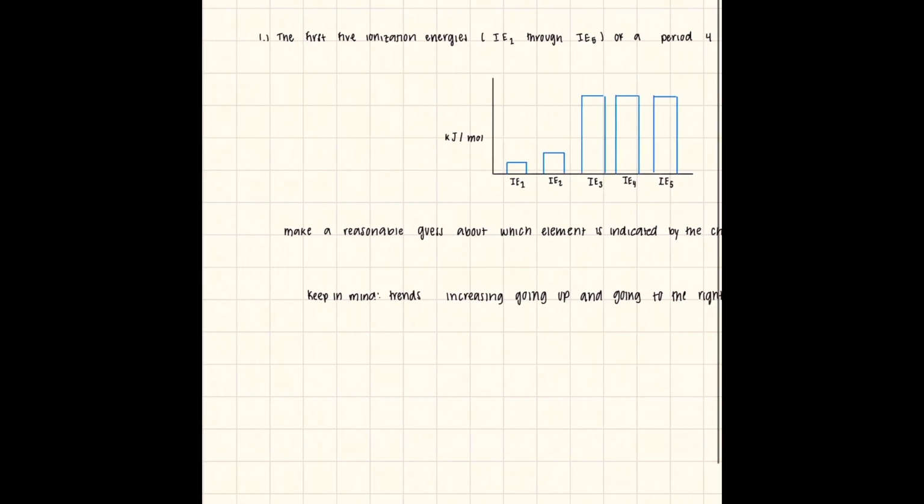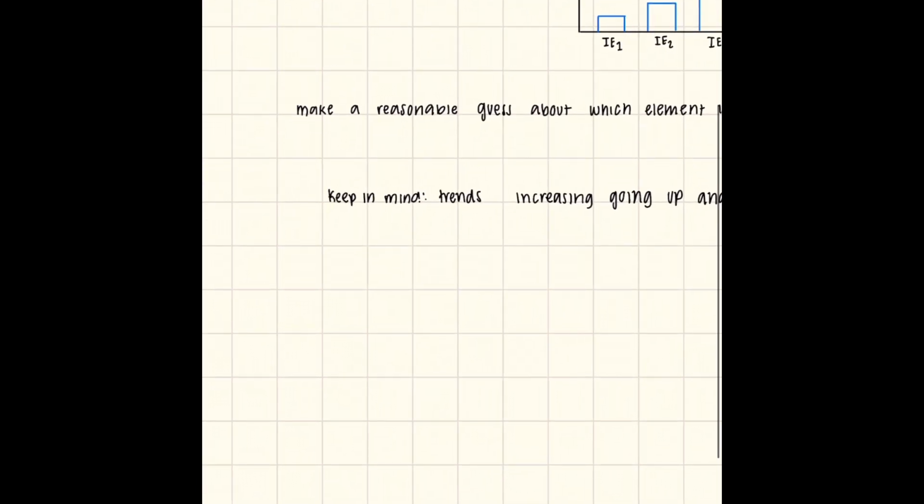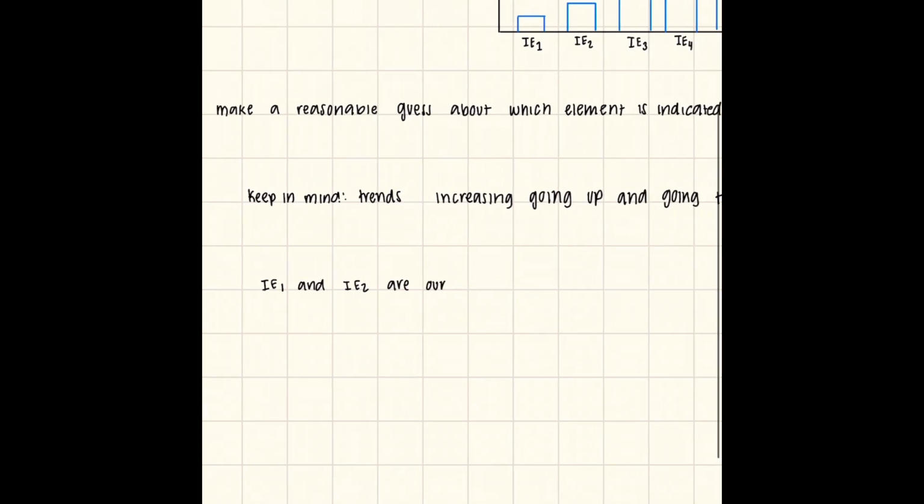So now I'm just going to write what this means. This graph basically shows us that ionization energy 1 and ionization energy number 2 are going to be our valence electrons in our problem. Sorry, in a second, you'll see that I literally can't spell electrons to save my life. But sorry about that.